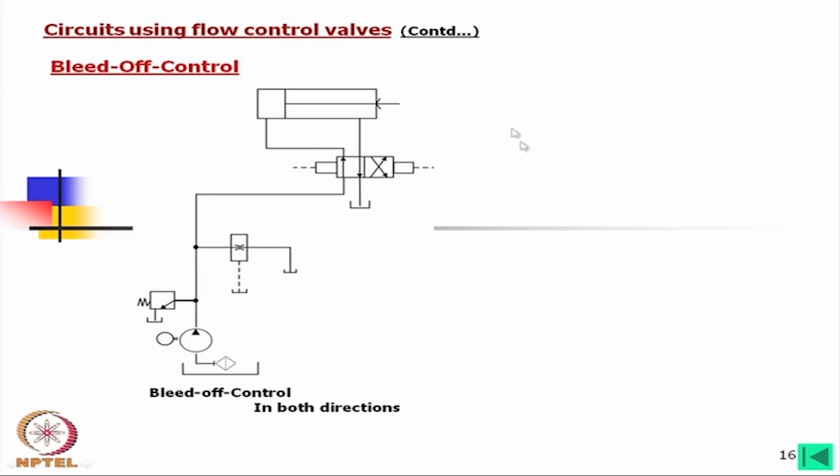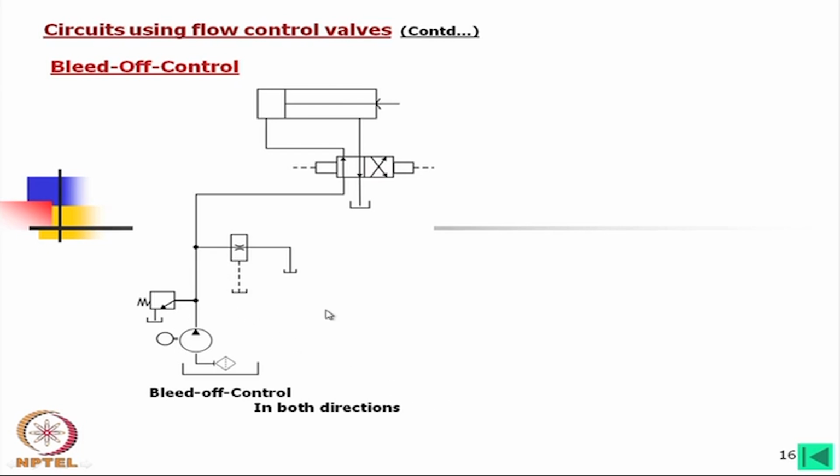Now, we will come to the bleed off control. In bleed off control, we find that a flow control valve is used externally. If we operate this one, then flow will pass through this valve, and this can be used for both directions; that means this is a combination of meter in or meter out.